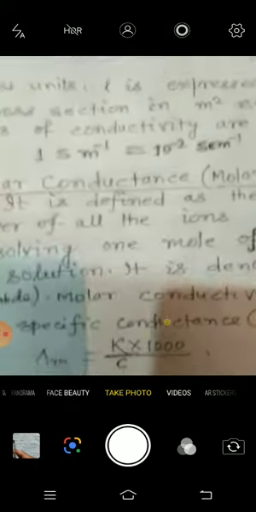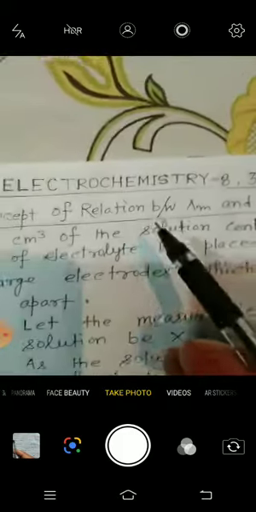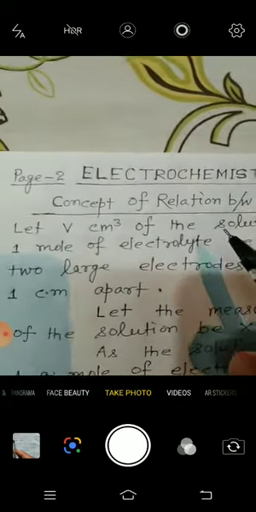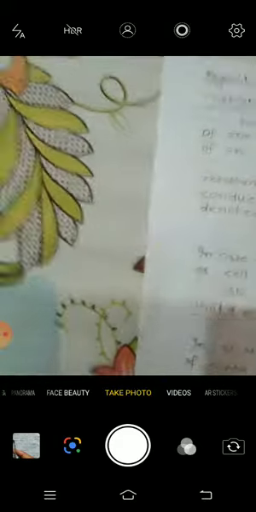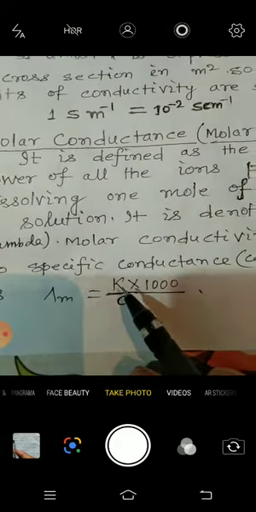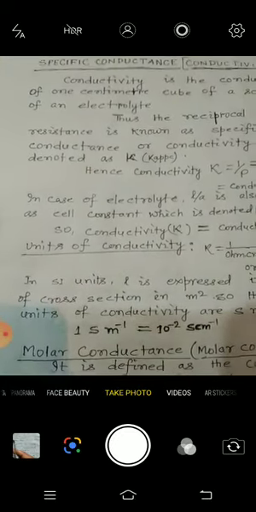Try to understand this relation I am explaining here: the relation between molar conductivity and kappa, that is conductivity.